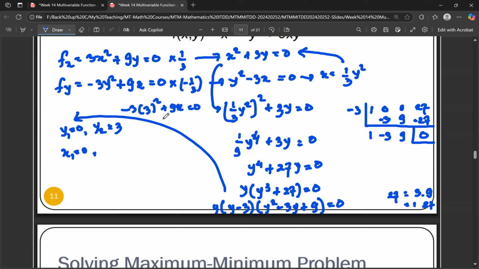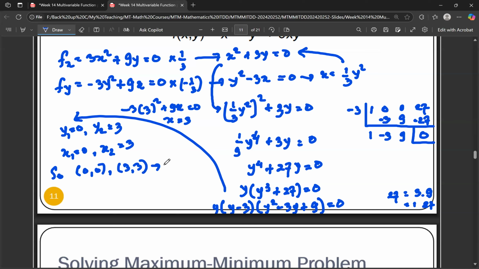So we have x2 will be 3. So we have two critical points. The first is 0, 0 and the second is 3, 3.